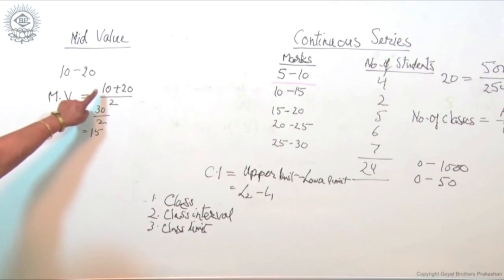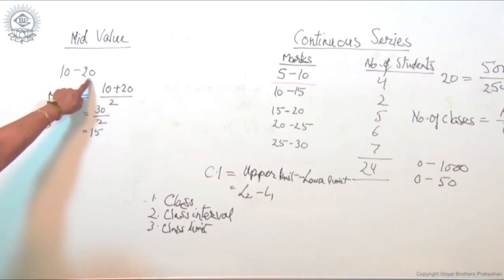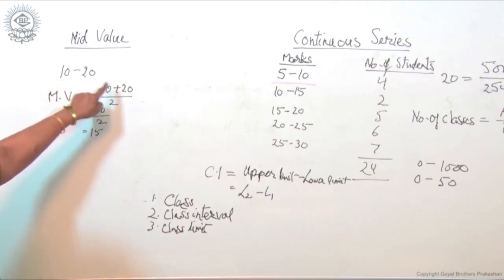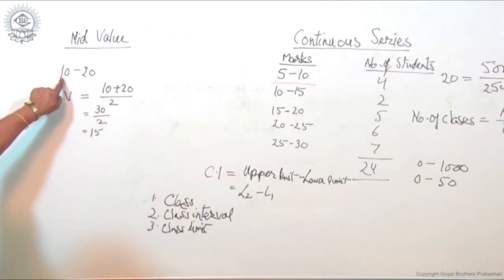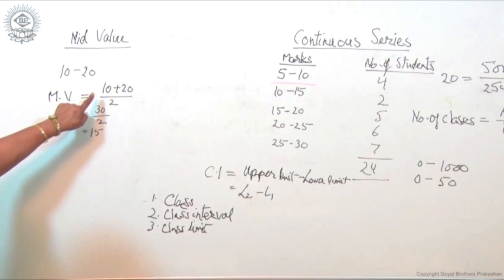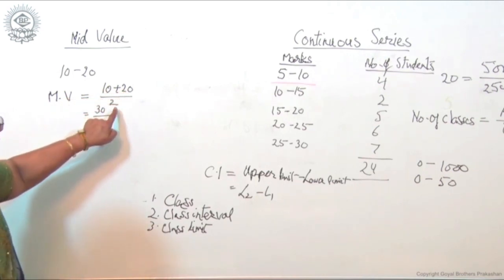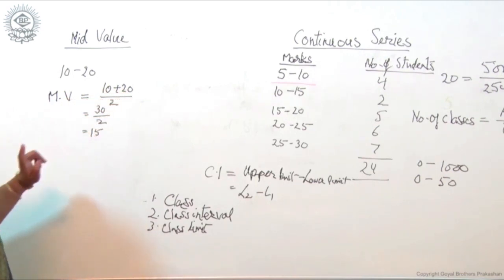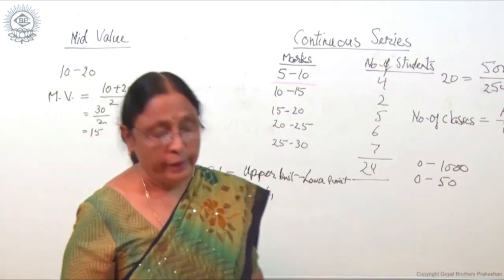So what is the mid value? The lower limit plus the upper limit. As I told you, what is limit? The lower side is lower limit, the upper side is upper limit. Lower limit plus upper limit divided by 2 will give you the mid value of any class interval, right?